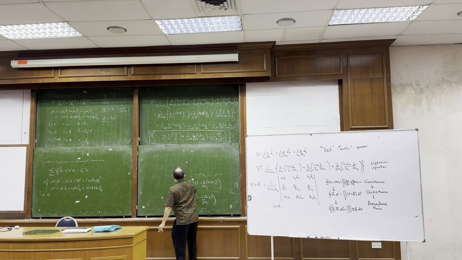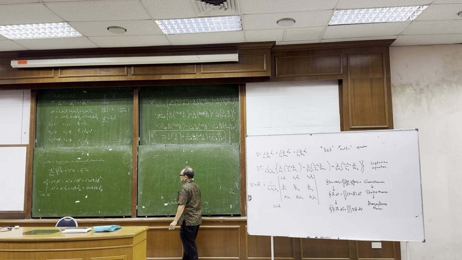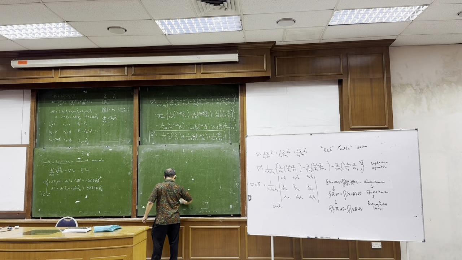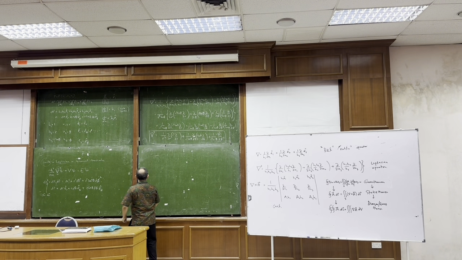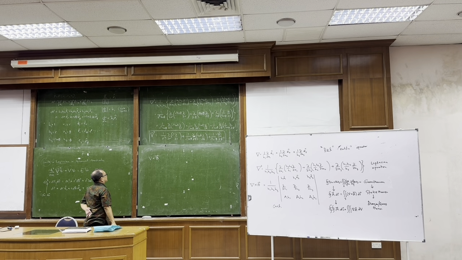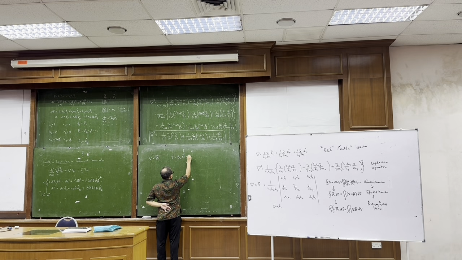Okay, so let's say for example you want to curl the magnetic field B. What happens? So you curl magnetic field B in spherical coordinates, given B in spherical coordinates. B has components B r, B theta, B phi.